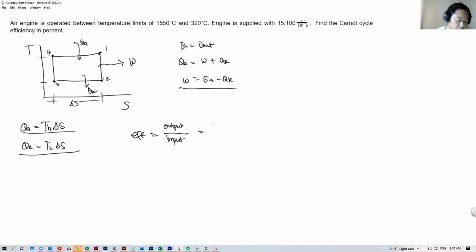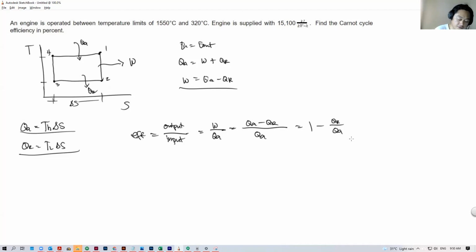In our case, the output is the net work, and our input is QA, the heat added. Work is just equal to QA minus QR, all over QA. And if we further simplify this, it becomes 1 minus QR over QA.